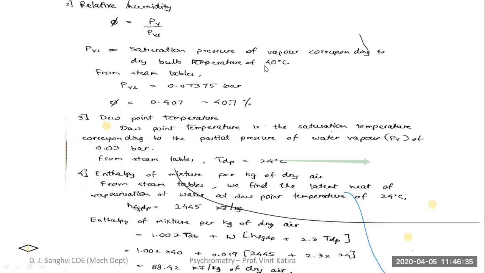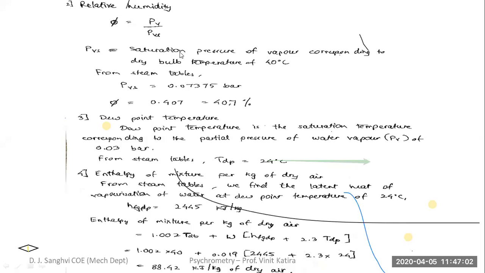If the dry bulb temperature increases, air can hold even more water vapor. That is why PVS, the partial pressure of saturated air, always corresponds to the dry bulb temperature. From steam tables or the tables behind the psychrometric chart, you can simply find the partial pressure at the dry bulb temperature.